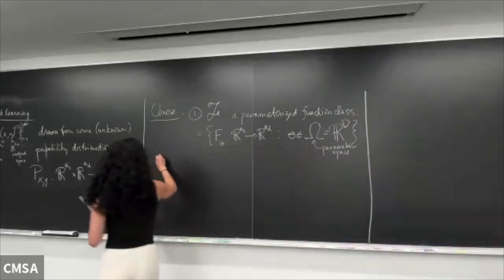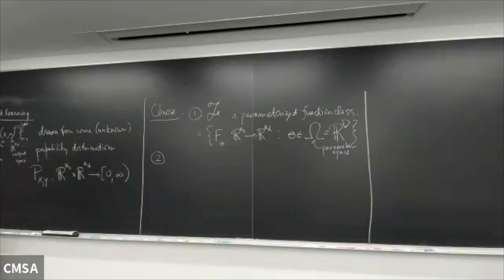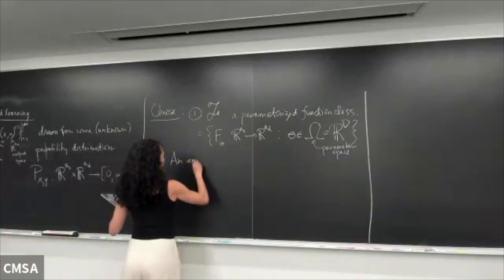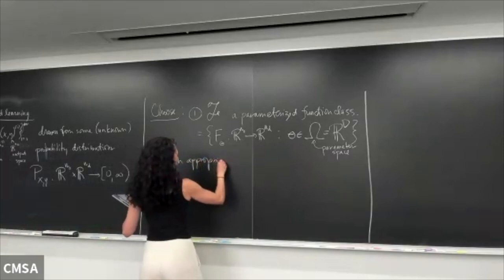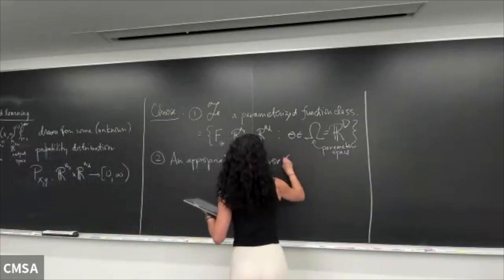And then you're also picking some particular objective. Typically what you do is you define some loss or error function, an appropriate loss error function.